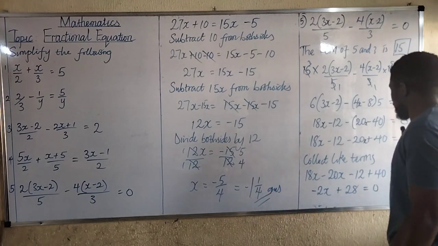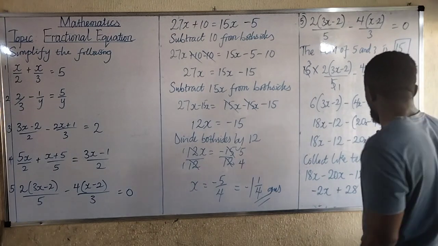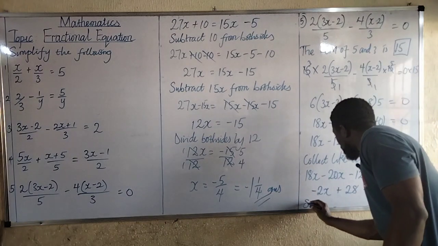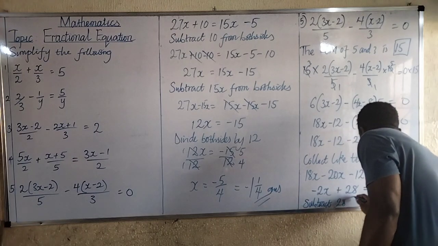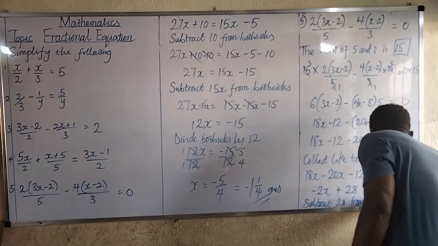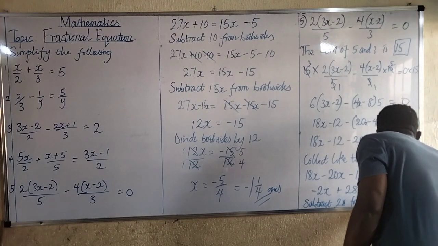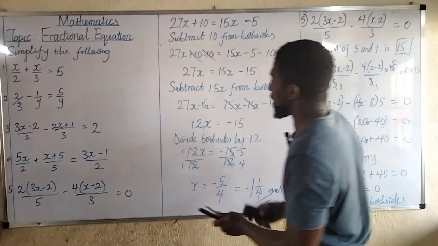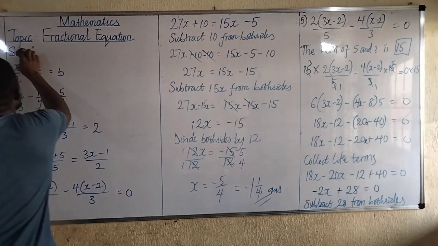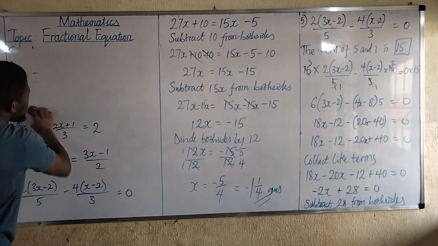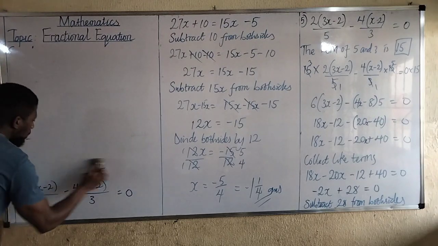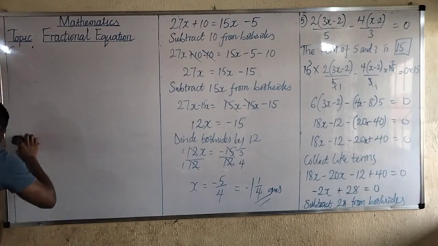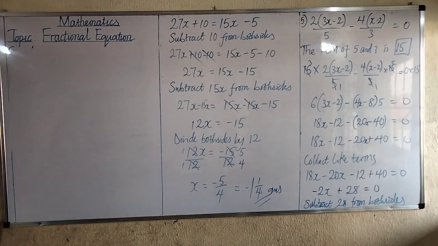All equal to 0. Okay, subtract 28 from both sides. So when we do that, we are going to obtain, okay, let's solve it here. We are going to subtract 28 from both sides.